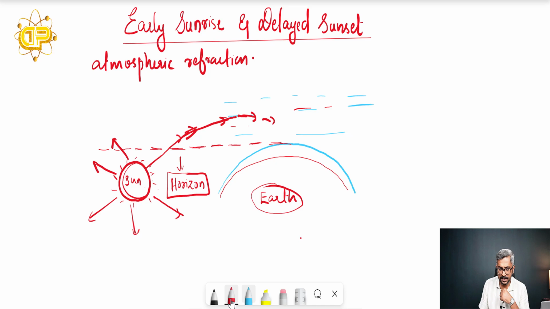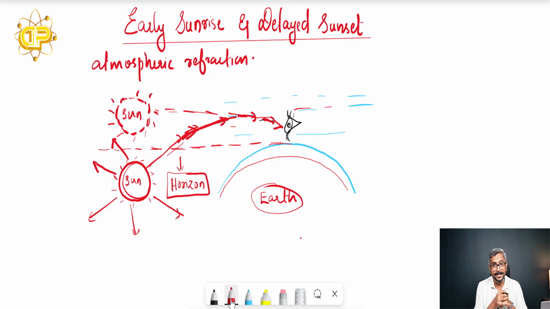If you are standing here, the sun rays will slowly enter your eyes. But your eyes have a specialty of seeing in a straight line. That means your eyes will see the sun somewhere here, even though the sun is below the horizon. So what does this mean?